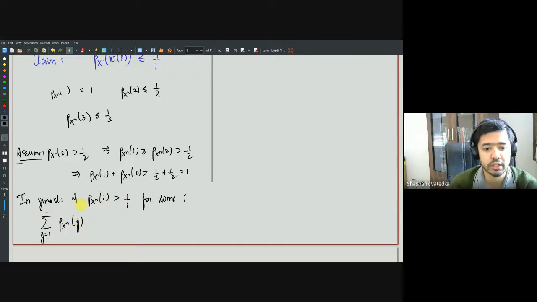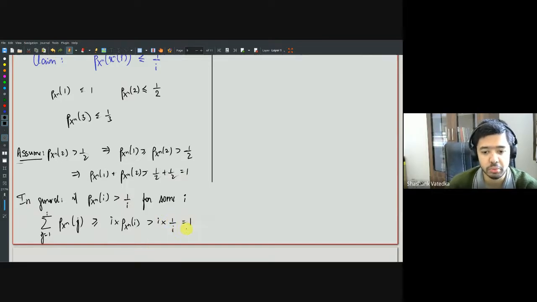Because all of them are greater than or equal to P_Xn of i, we're summing from the largest probability to the ith largest probability. So all of them should be greater than or equal to the ith largest probability, and there are i terms in this summation. So it is at least i times P_Xn of i, which is strictly larger than i times 1 over i, which is 1.